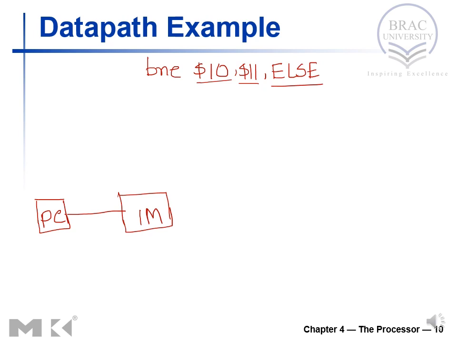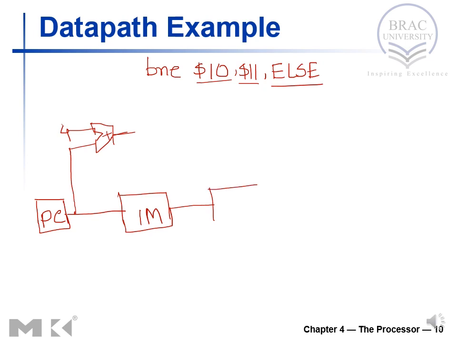And from the same value, the same value will go to an adder for performing PC plus 4. So this link will give a PC plus 4, and instruction from instruction memory.